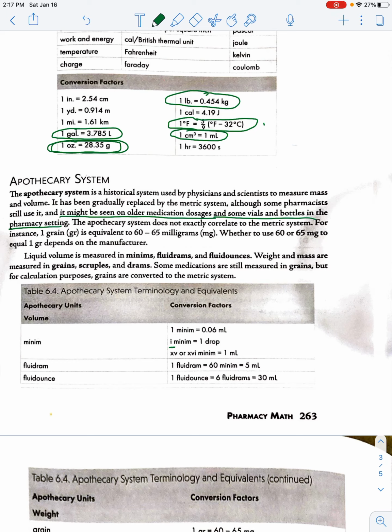So X is 10, V is 5, so 15, or 16 minims is 1 milliliter using Roman numerals. 1 fluid dram is 60 minims or 5 milliliters, and 1 fluid ounce is 8 fluid drams or 30 milliliters.